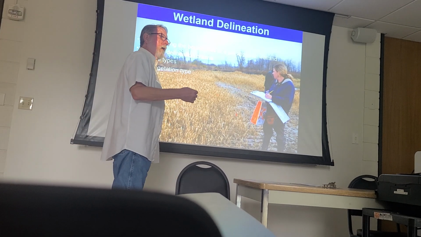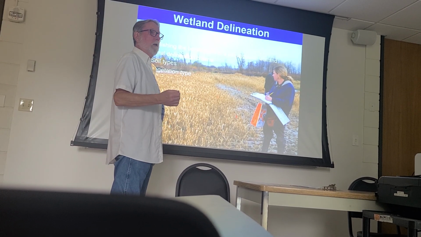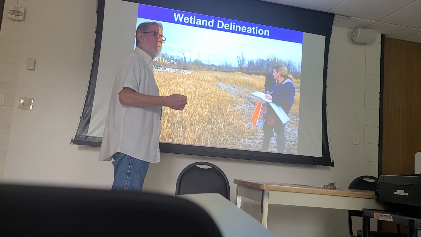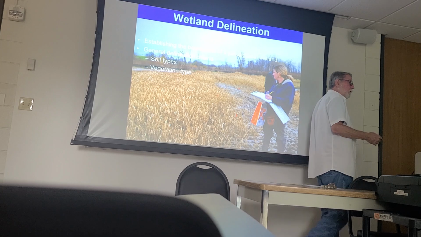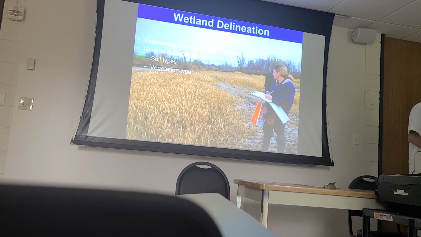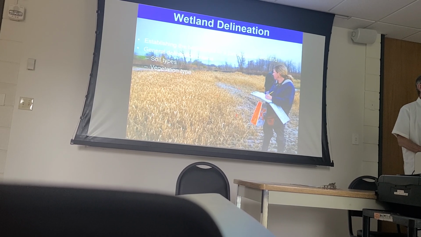But they can live outside of it. That's a facultative wetland plant, fac-wet. Then you have some you find in wetlands sometimes, but mostly you find them out of them. Those are fac-ups, facultative upland plants.